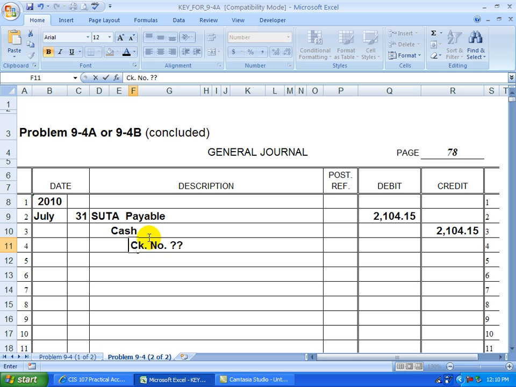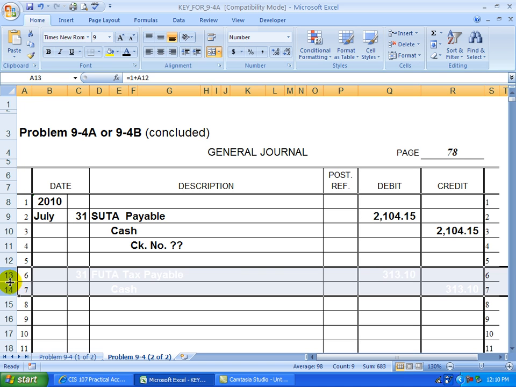And we don't have it, so we'll just do it like that. Okay, and then we're going to have another one here. This would be on the 31st, we're making the deposit of the federal unemployment. So we're going to take that and debit that liability account and credit cash.